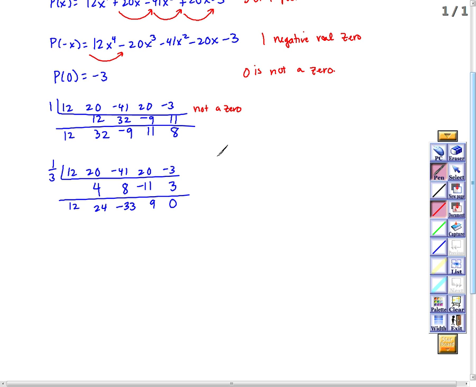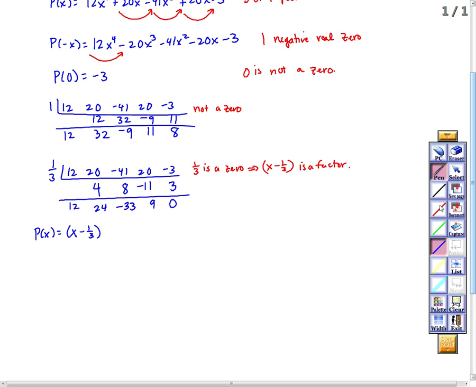Let me do it in red. 1/3 is a zero. That also means that x minus 1/3 is a factor. So I'm going to go ahead and rewrite my polynomial, p, in terms of my new factor. So this is x minus 1/3.